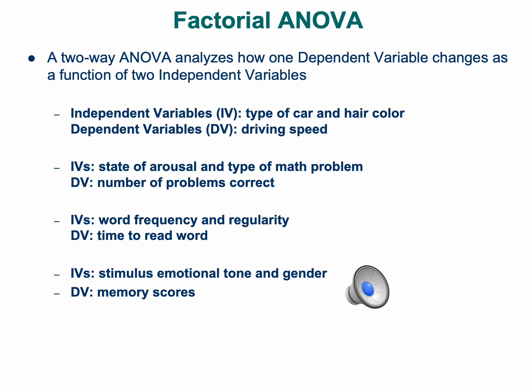A hypothesis here might be that people who have red hair and drive sports cars drive faster than people with dark hair who drive sports cars. Or people with dark hair who drive sedans are different than people with red hair who drive sports cars. You can see where now you're combining the independent variables to make your predictions and your hypotheses. You're not dealing with them one at a time like you did with the structural model.